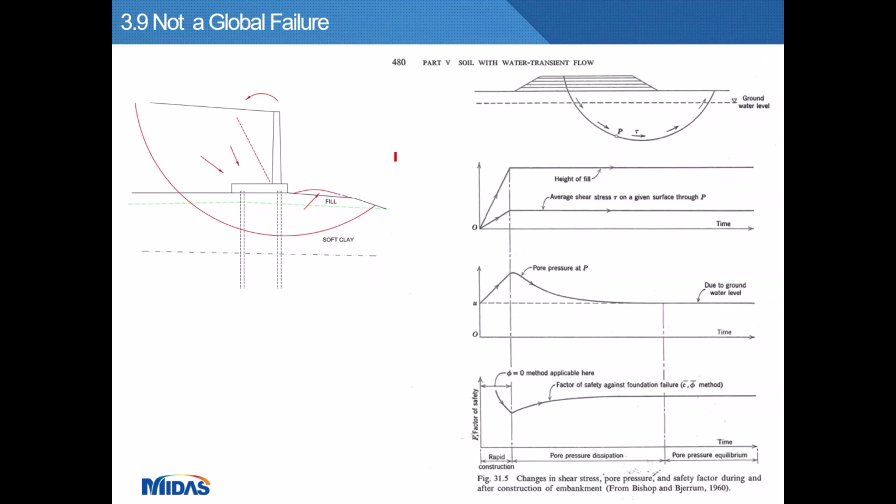We thought that it is not a global instability because the failure did not happen immediately after the completion of the RC wall. This is similar to embankment filling, where the factor of safety is lowest at the end of the construction of the embankment and increases with time as the soil consolidates.